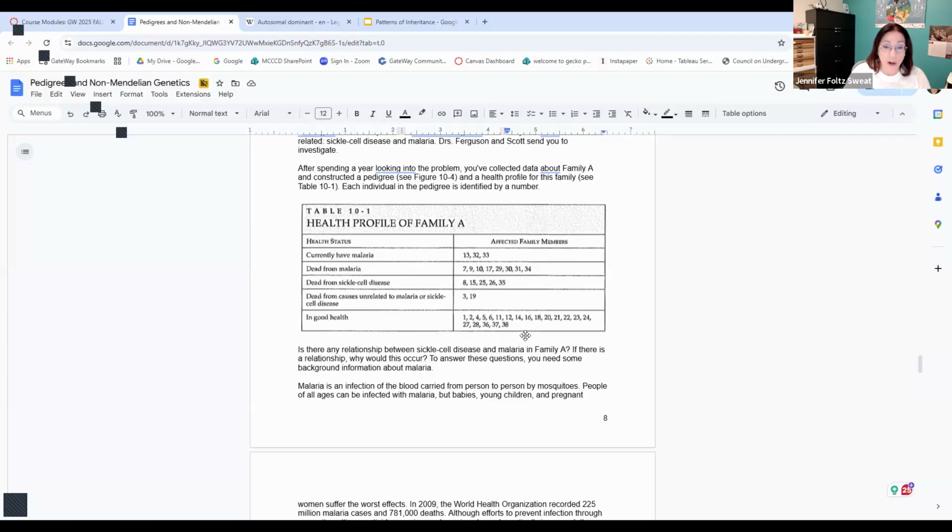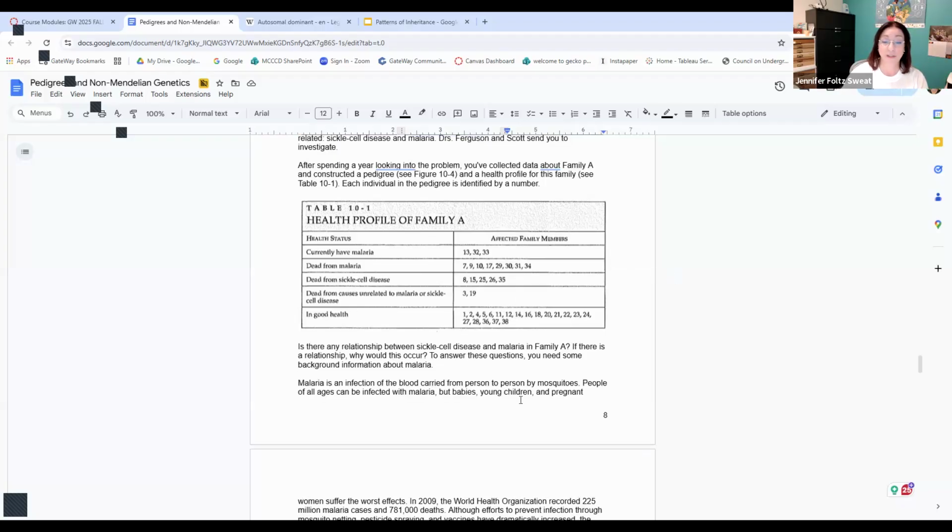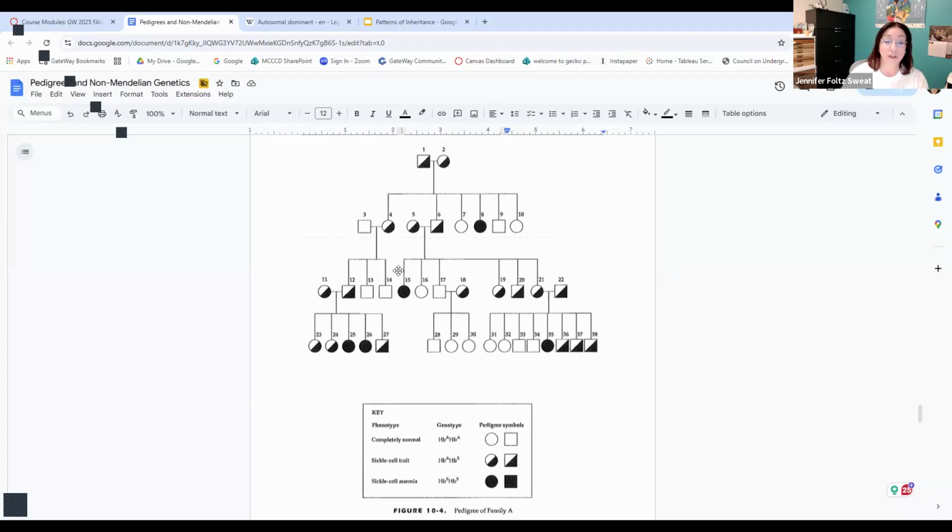Individuals that are in good health would be big A, big S. And then 3 and 19 could have been big A, big S too, because they didn't die of malaria. For that, you would have to go down here and look at what they were. So 3 would be big A, big A, and I think 19 is big A, big S.